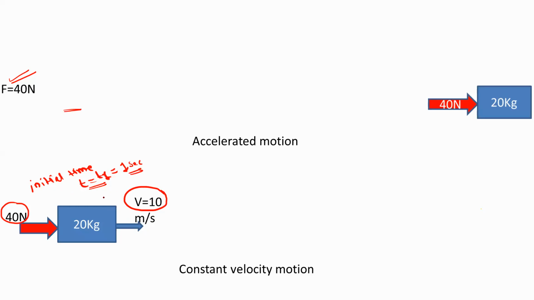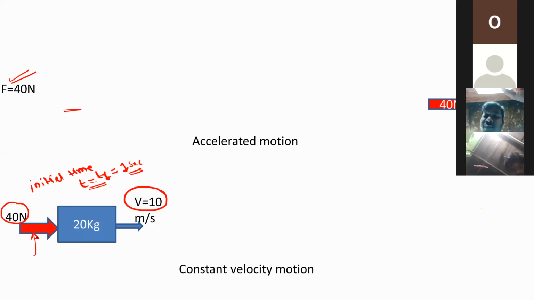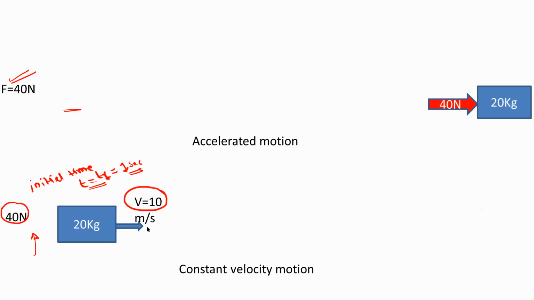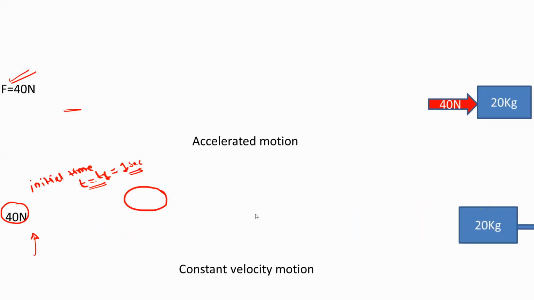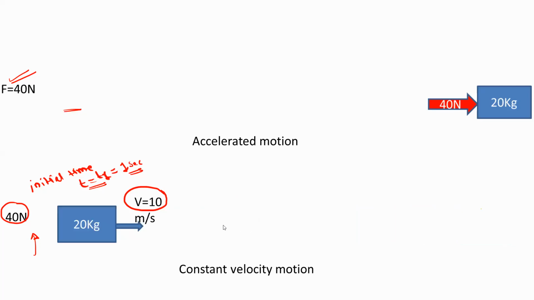And after 1 second, suddenly we remove the force. So force will become 0 after time t is equal to t1. But that object has velocity v is equal to 10 meter per second. So this object will maintain this velocity throughout its motion. So the object will move with constant velocity, as long as there is no resistance from the opposite side, that is along the negative y direction. So this is the motion with constant velocity.